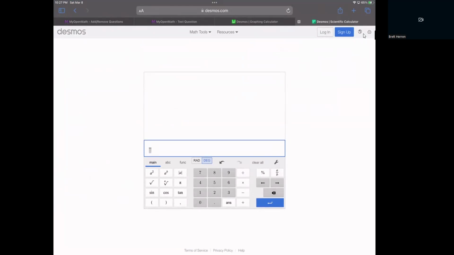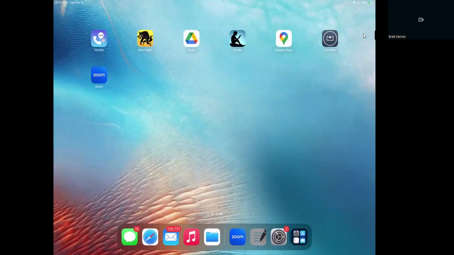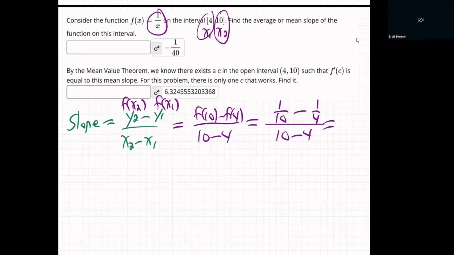We got a fraction in the top. We got 1/10 minus 1/4 over 10 minus 4. There we go. Minus 0.025. It's minus 0.025. Or minus 1/4.